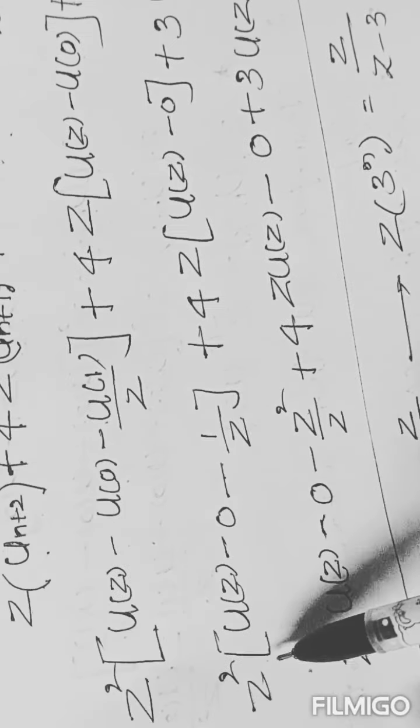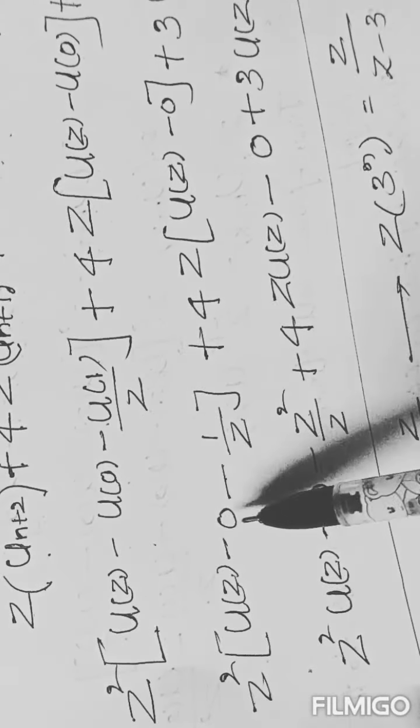Now at the last, z square U(z) minus u(0) given as 0 minus u(1) given as 1 by z, plus 4 into z of U(z) minus u(0) which is 0, plus 3 into U(z) equals z by z minus 3.